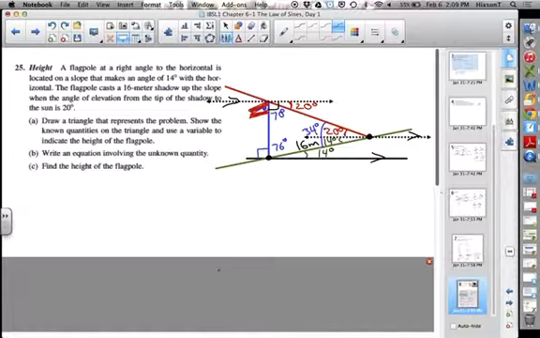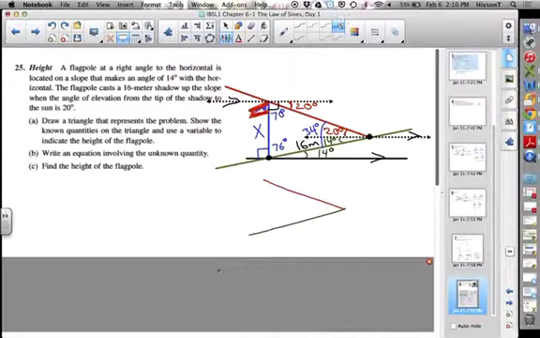Use a variable to indicate the height of the flagpole. Alright, there we go. Now, this is kind of a mess. One thing that might be helpful would be to redraw this. We have that. We have that.